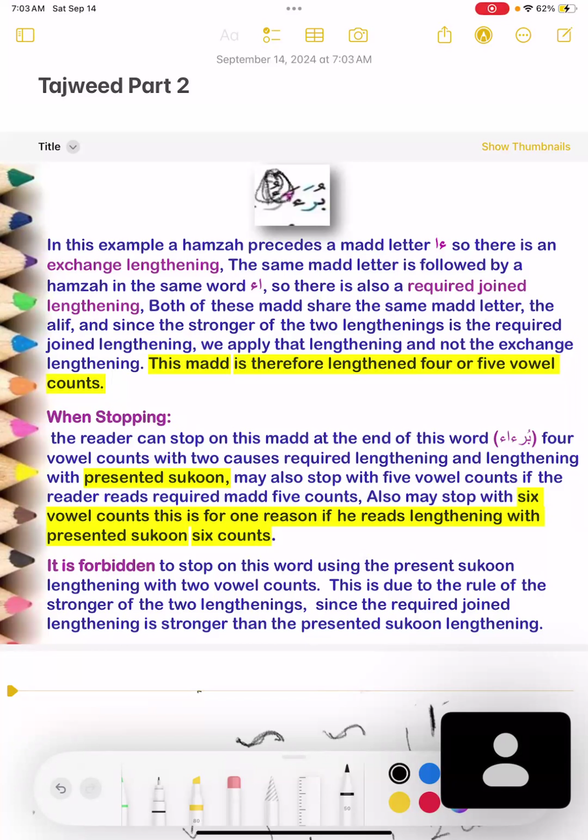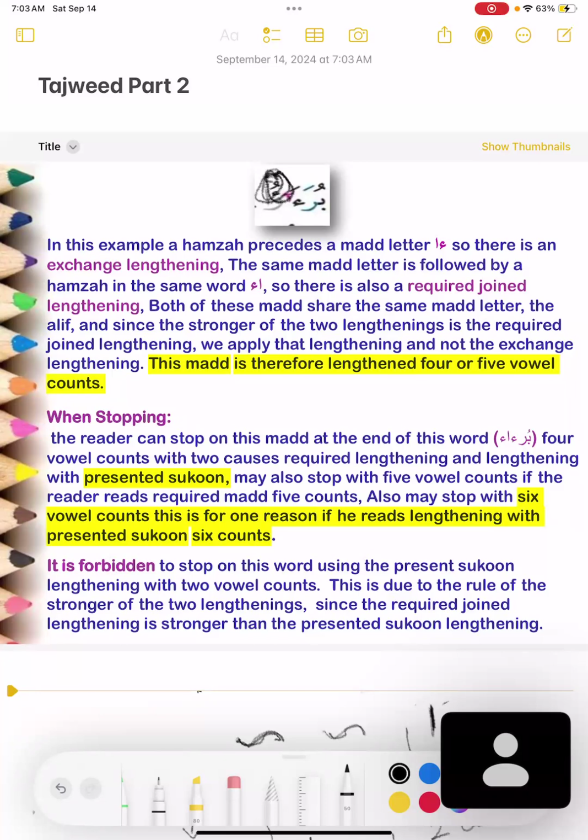Yes, it is followed by a hamza. There you go. So the mad alif that is following the first hamza is followed by a hamza. If you remember, if a mad letter is followed by a hamza inside a word, then you will do a mad wajib muttasil, right?